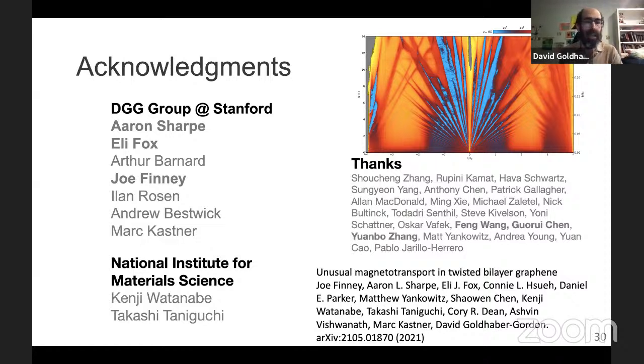That's trying to do stacking based not on exfoliated flakes, but on large area CVD grown films, like what we're used to in the semiconductor world, and doing stacking in an automated way in vacuum based on those. Our stacking system is in progress. It should be completed in the next month or so.